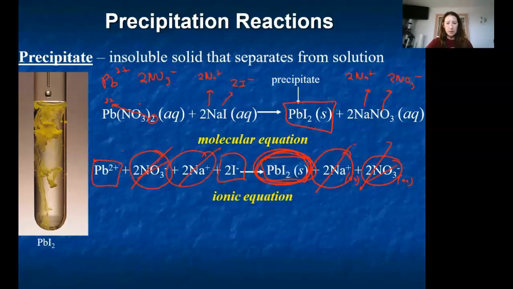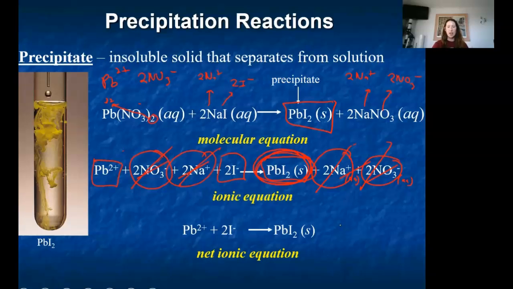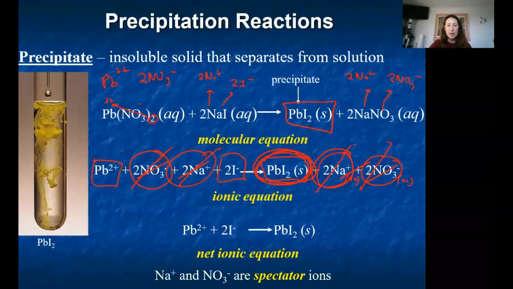That is going to be our net ionic equation. And our spectator ions are the ones we crossed off. So we crossed off the Na and the NO3, so those are spectators. Just like when you watch a sporting event, the ones in the stands are the spectators.